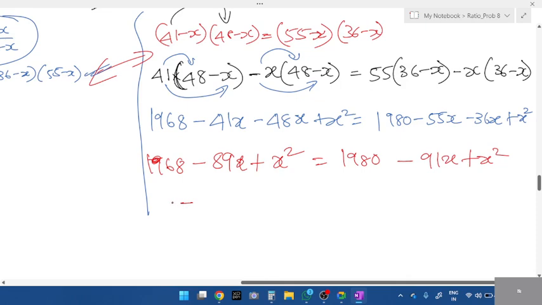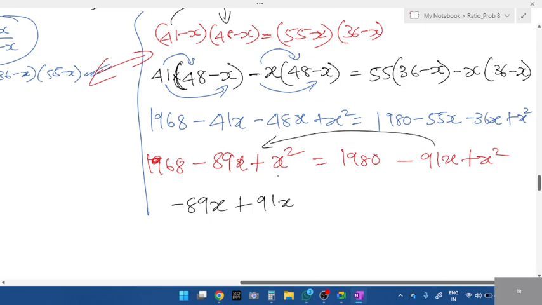Okay, you can write like that. Or 1980, 1968, which is greater? See, I would suggest to bring all the alphabets to the left hand side. Okay, left hand side, Andrea. Minus 89x. Then which one goes to the other side? Plus.